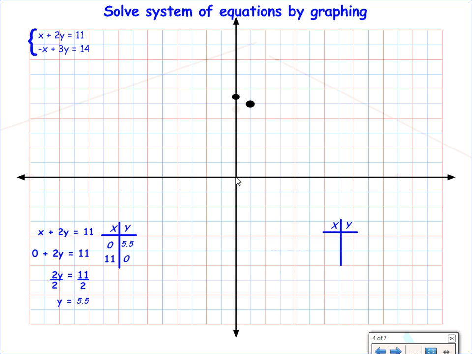I'm simply going, which direction on the x-axis is positive? That's correct, I'm going to the right. 2, 4, 6, 8, 10, 11. I want to graph these two points. So I have a ready-made line here. I'm going to put this puppy right there.